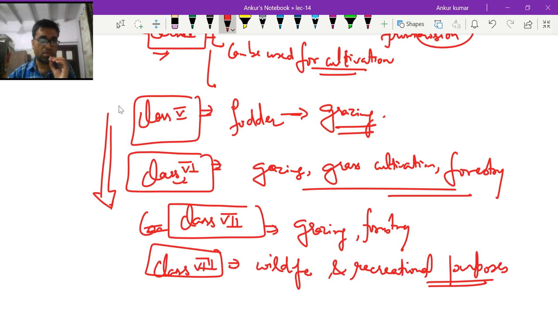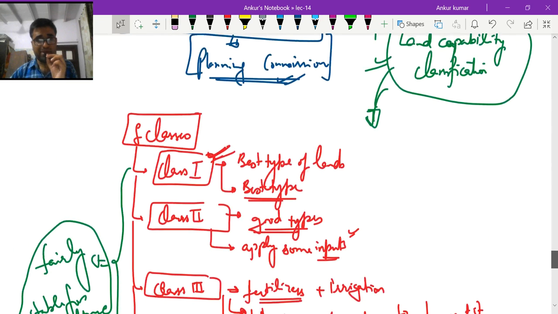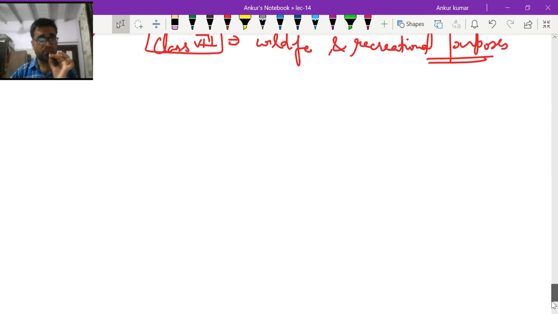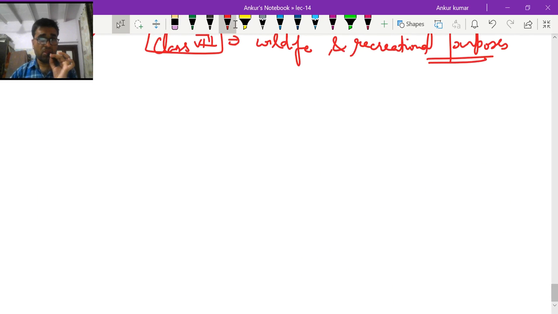So these are the last four categories, which are not at all suitable for cropping. So we did the 8 classifications of land, first 4 categories and then the last 4 categories.